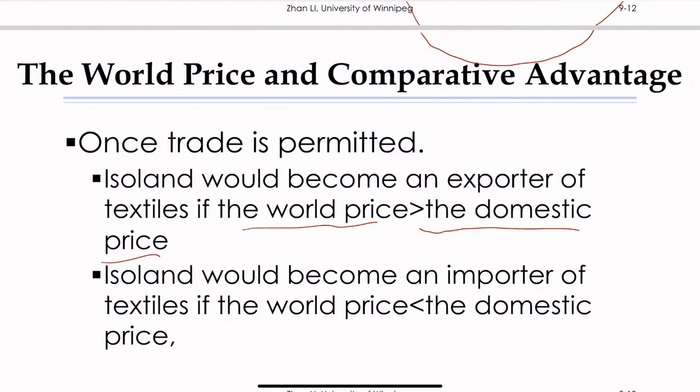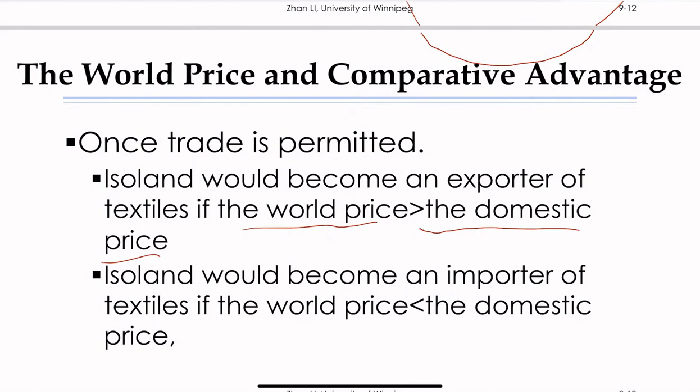However, if the world price is smaller compared with the domestic price, this essentially means the opportunity cost of producing textiles is too high in Iceland. So Iceland does not have a comparative advantage in producing textiles.